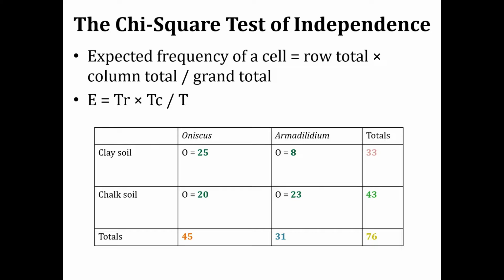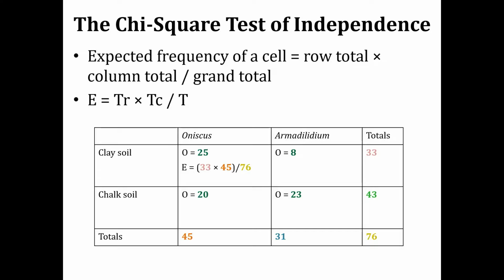Then 45 is the total of column number 1, which belongs to the Oniscus species in the two types of soils. And 31 is the sum of column number 2, which is Armadillidium in the two types of soils. So these are our row totals and column totals. And what is our grand total? Our grand total is the sum of all observations, which is 76 here.